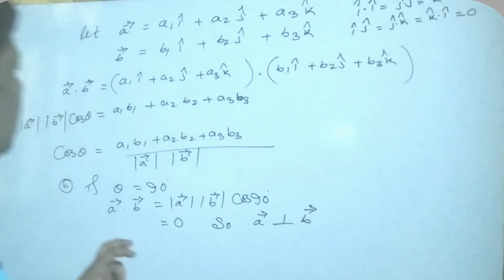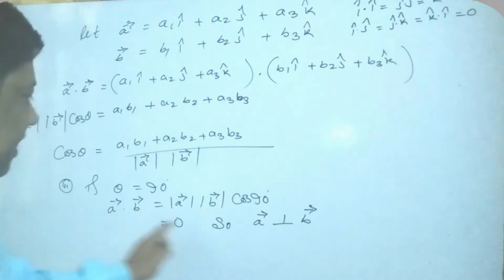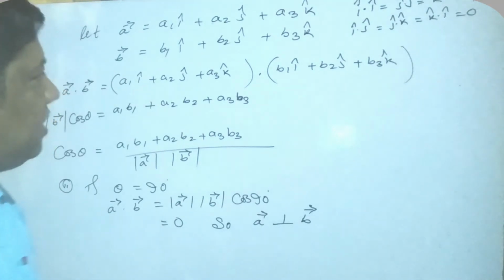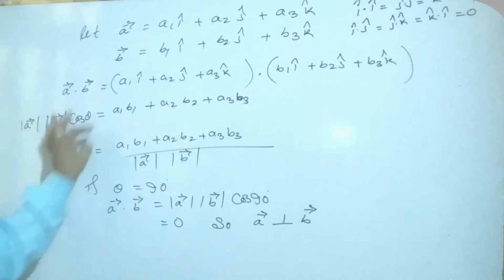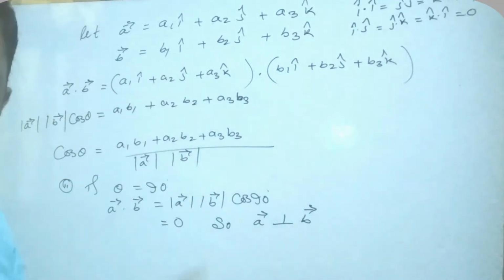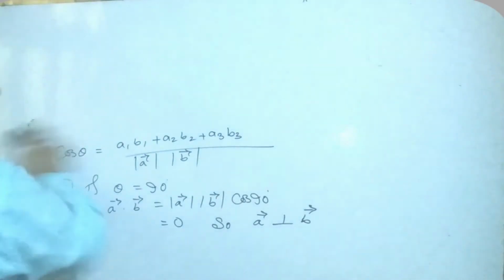So my students, look at what I am going to discuss. If the two vectors are perpendicular, then A dot B equals 0. And if you want to find the angle, magnitude or dot product, you can use this identity. Next, my students, look here. If you want to show whether two vectors are perpendicular or not, you have to find the dot product.